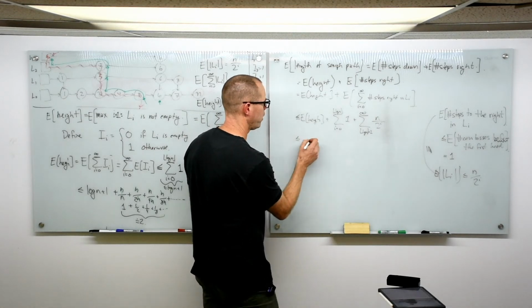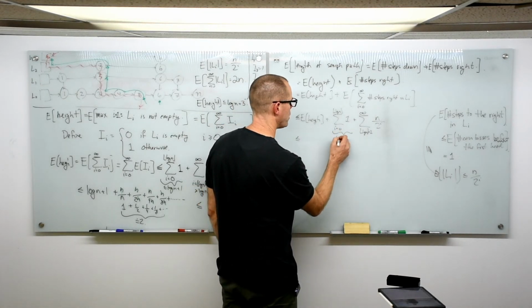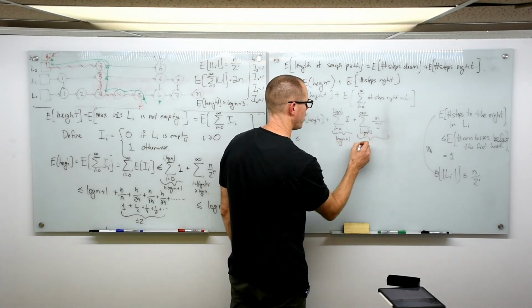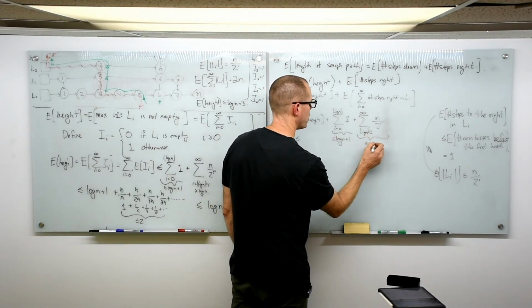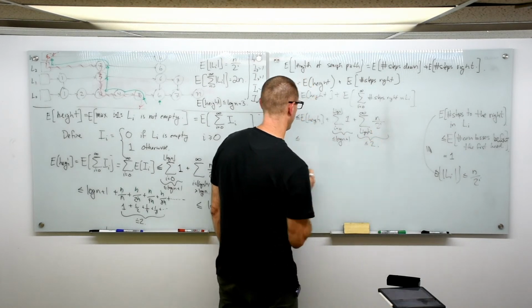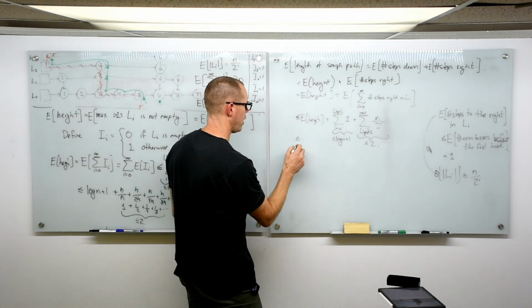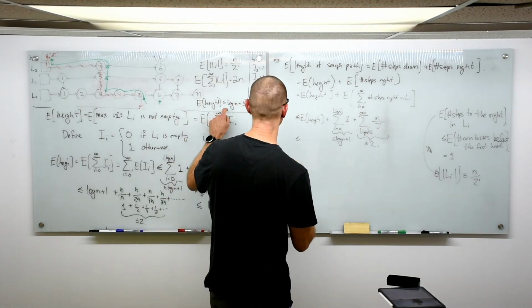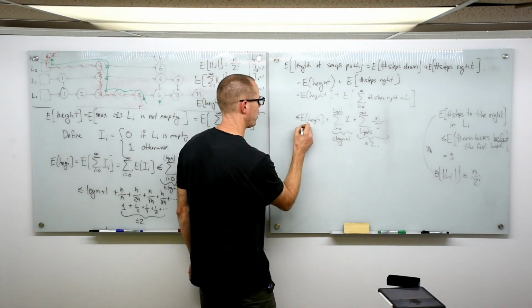So this one here is at most log n plus 1. This one here is at most 2. And this one here we figured out already was log n plus 3.